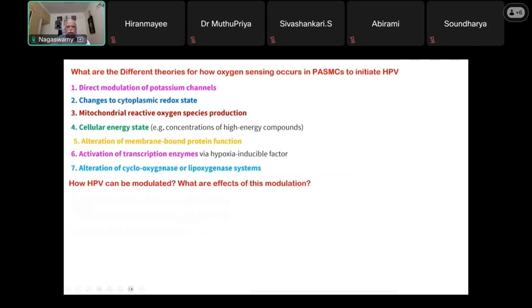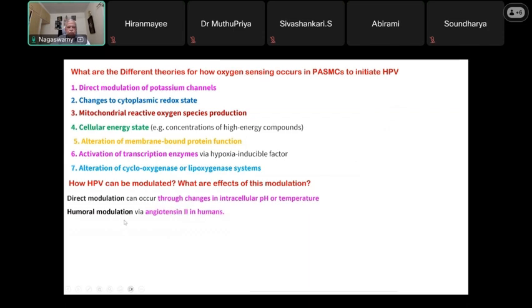So if the hypoxic pulmonary vasoconstriction reflex is asked, you may have to write all these possible causes for the smooth muscle contraction and how it can be modulated, and what their effect is. It can happen by direct modulation through changes in intracellular pH and temperature, or it can be humorally modulated. Angiotensin II enzyme also will modulate that, and the predominant modulation is by localized mediators.